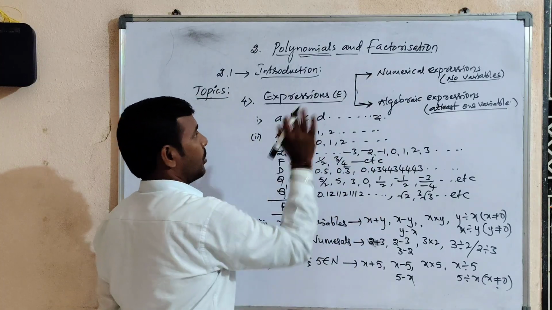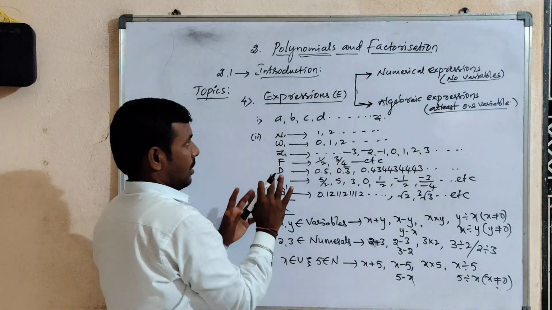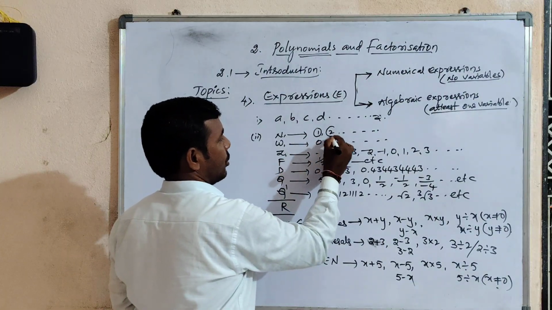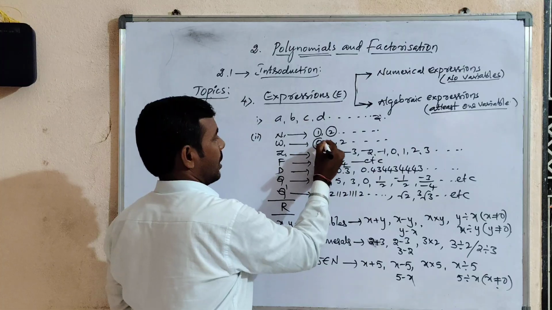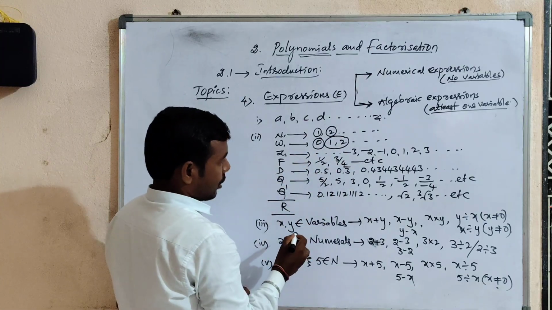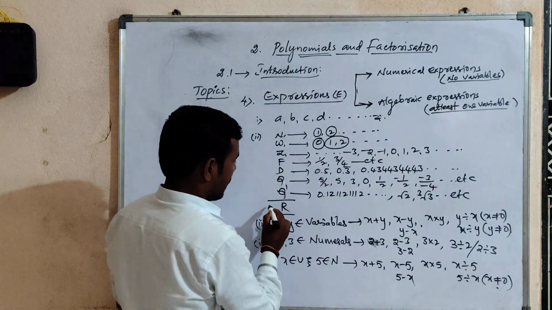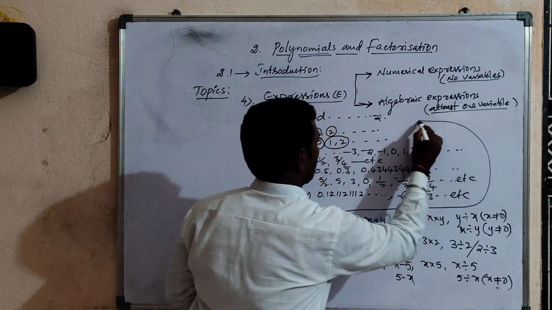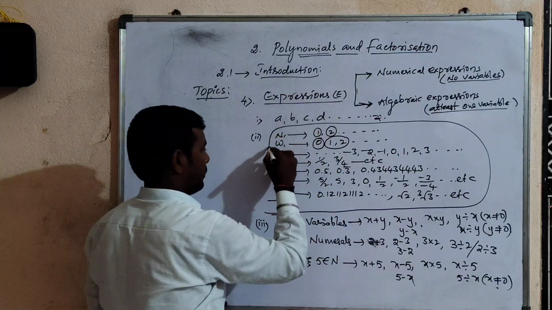Let us see the numerical expressions I am showing. This is a numerical expression. It is also a numerical expression. Numerical expressions both. See, numerical expressions are in many places. These all are numerical expressions only.